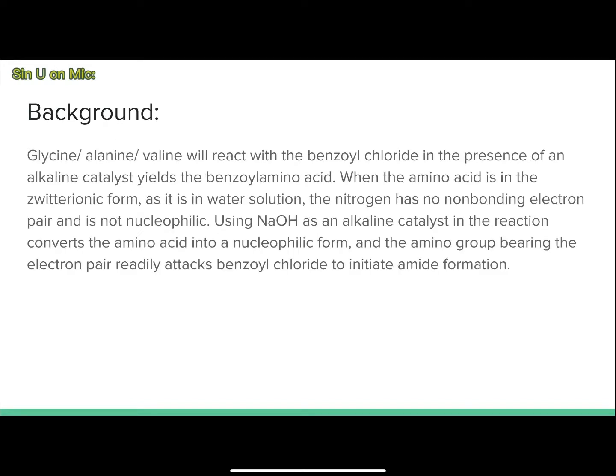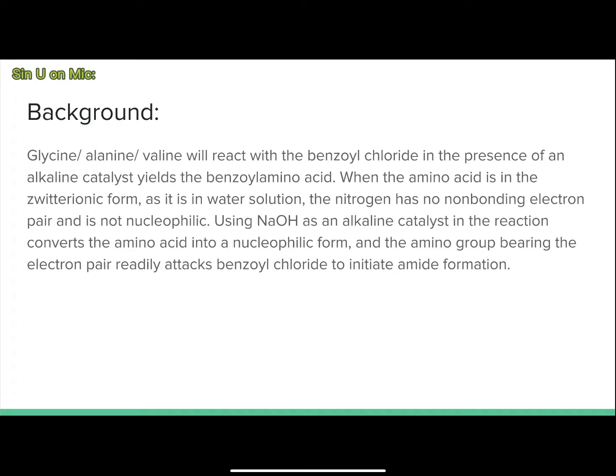Glycine, alanine, and valine will react with benzoyl chloride in the presence of an alkaline catalyst to yield the benzoyl amino acid. When the amino acid is in the zwitterionic form in water solution, this nitrogen has no non-bonding electron pair and is not nucleophilic.